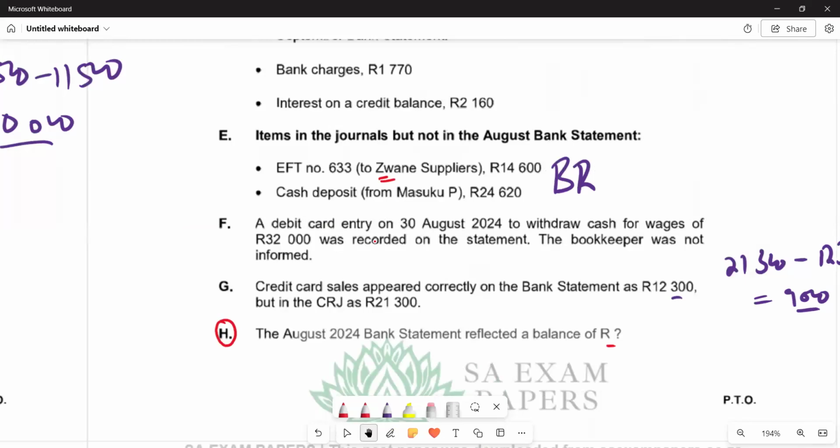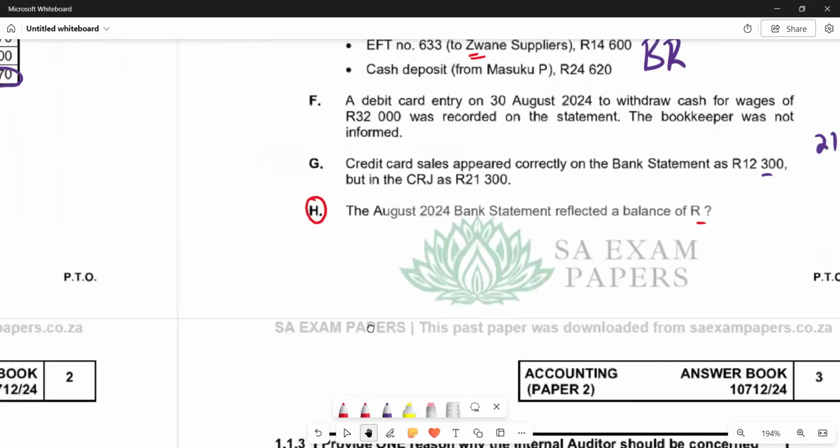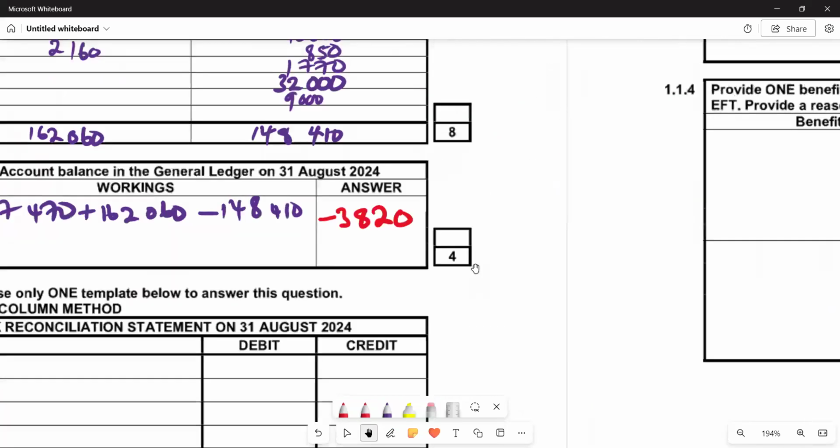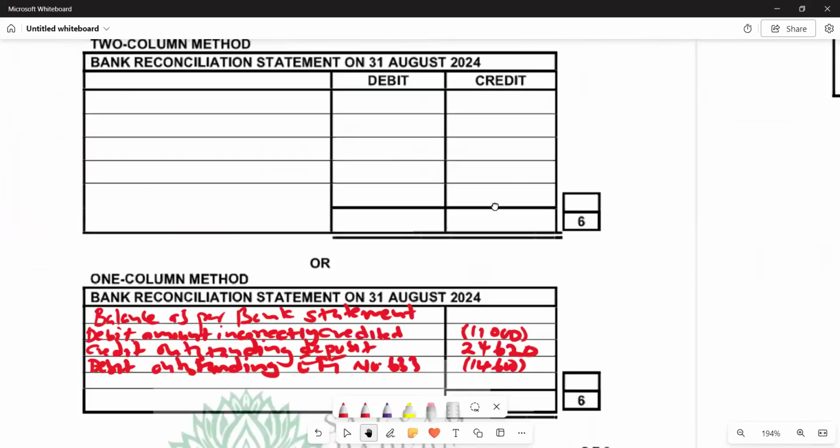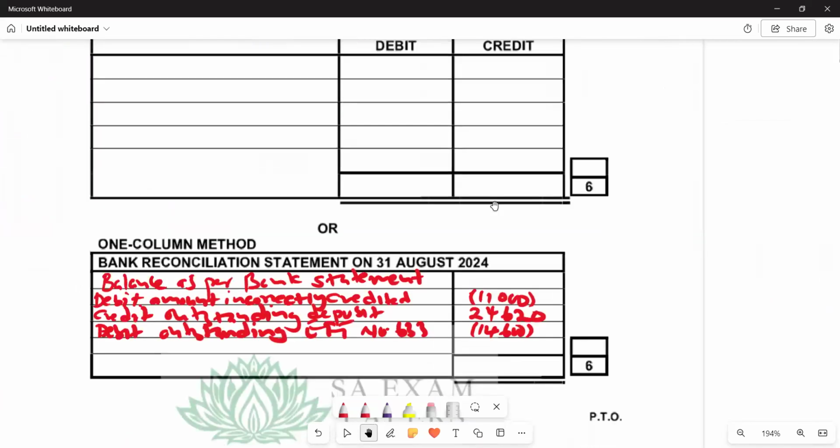So we can try to balance it and check if we have updated correctly. Having done this, we can now take the balance that we got when we calculated the bank account balance, put it here, and then get the balance as per the bank statement at the beginning as a balancing figure.